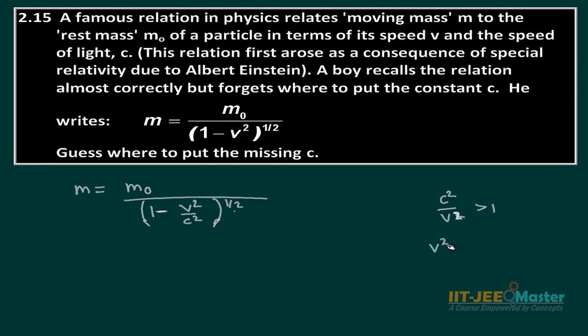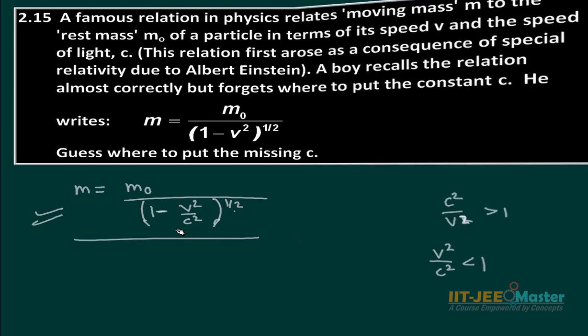So keeping v square by c square less than 1, which gives positive in this under root sign, this will be the correct answer. You always remember, with the help of these magnitudes and dimensional analysis, you can find where to put the proper physical quantities.